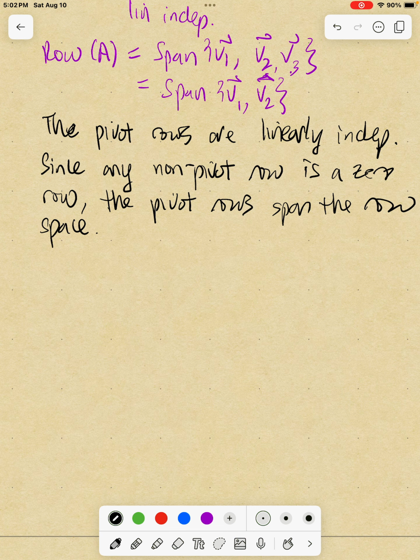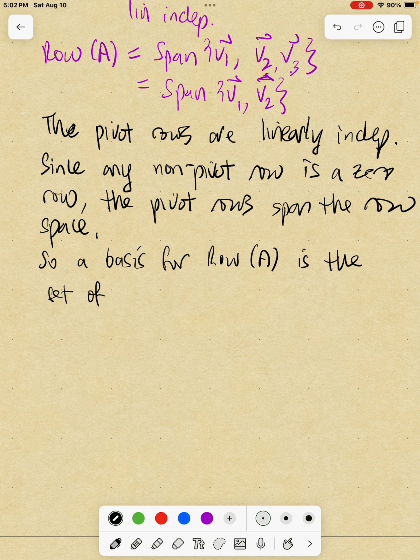So therefore, if a matrix is in echelon form, the basis is just the set of pivot rows. Okay, so make sure you understand this and also why it's true.